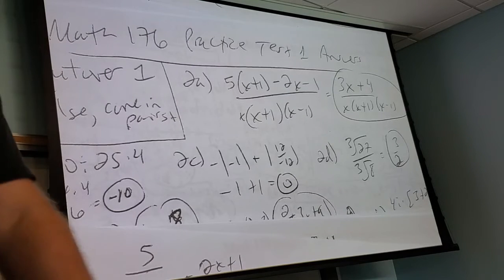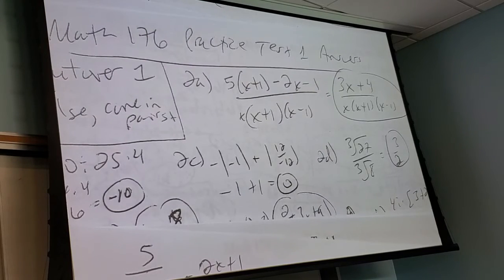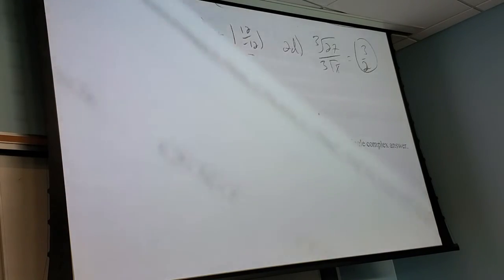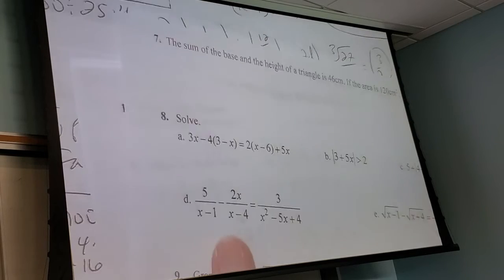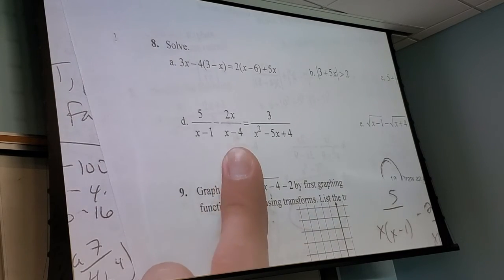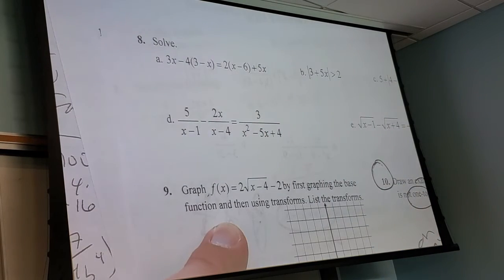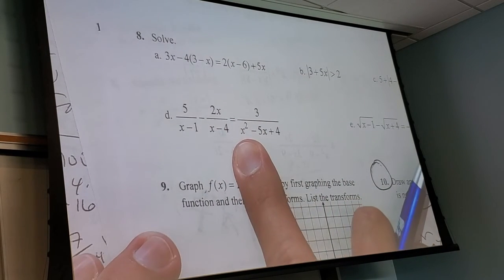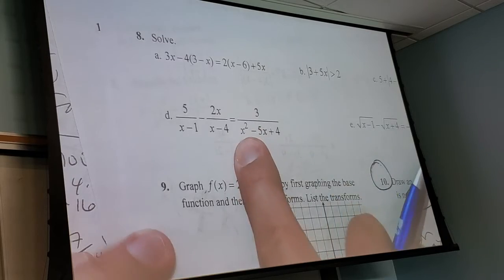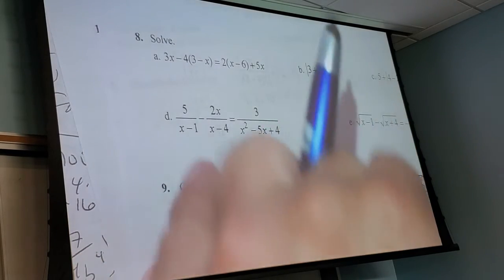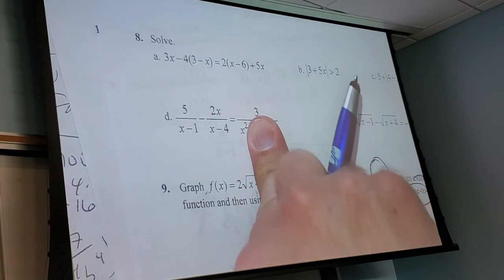Okay. 3, 8, 8. That'll be all 8. D, this guy? D, yeah. So the difference between this guy and the problem we just did is this is an equation. So in this problem, I am allowed to multiply both sides by something.